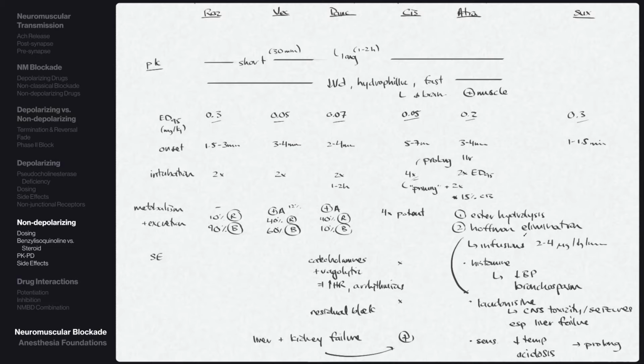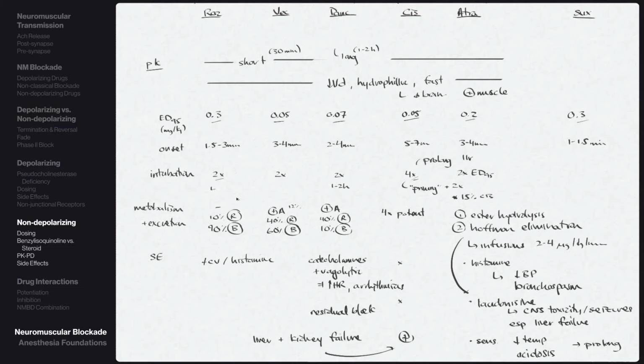Now, the general benefit of rocuronium and vecuronium is that there are no CV effects or histamine release. And so this may be relatively safe to give more than 2 times our normal ED95 for intubation and potentially get faster onsets.